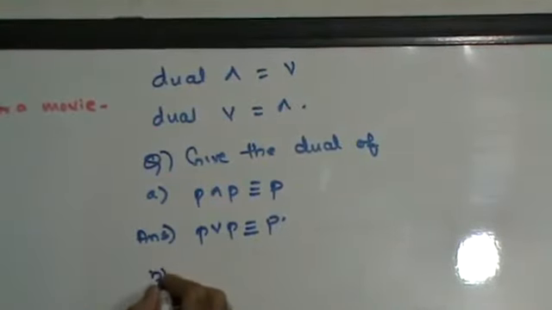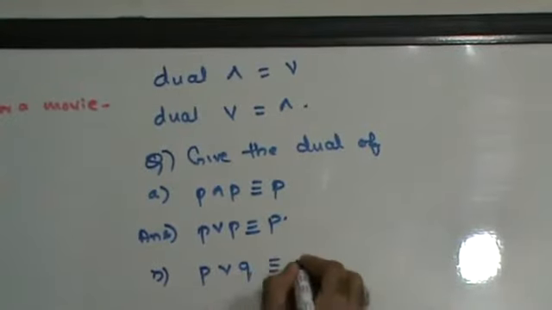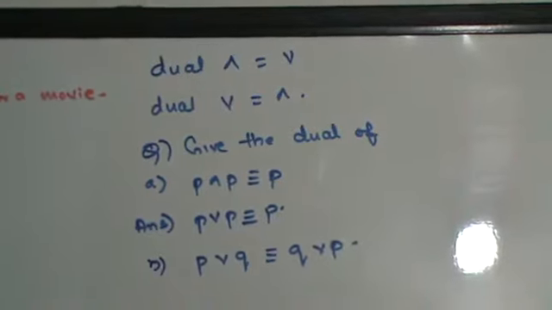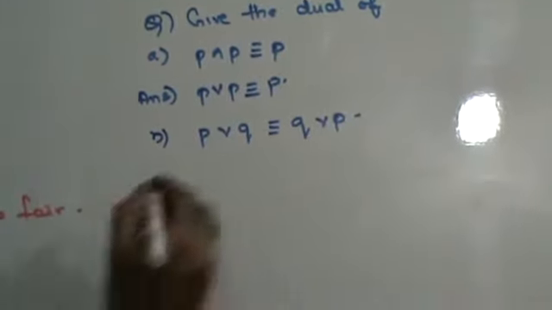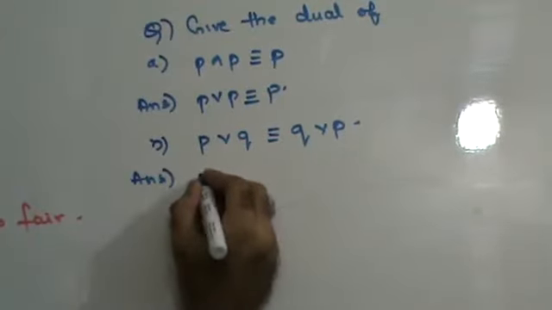Right? Let's see another sum of this kind. P or Q is logically equivalent to Q or P. So what will be the dual of this? All gets converted to AND.